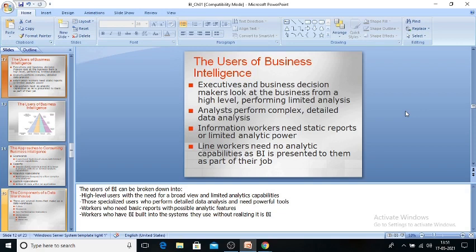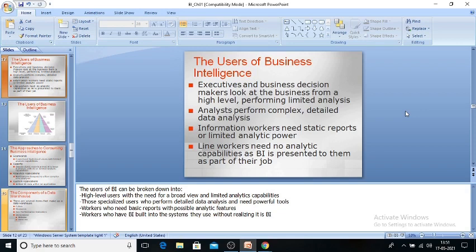They are not performing any analysis. They're going to see the analyzed data. Those who made the analysis, they take the reports of the analysis, and based on those reports they're going to make plans for their business. They are called executives or business decision makers.